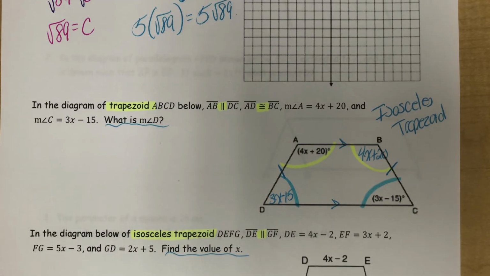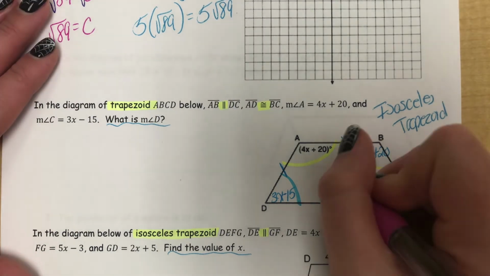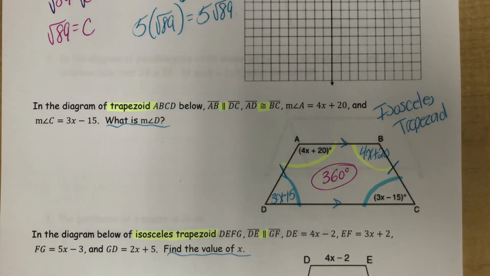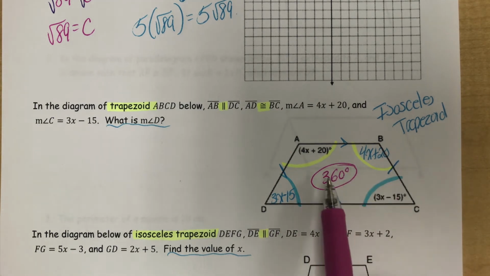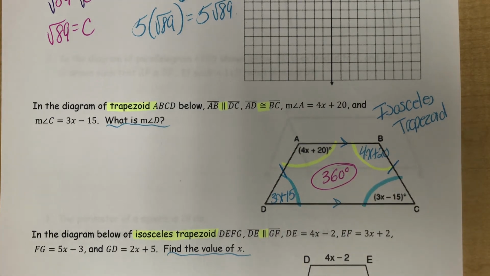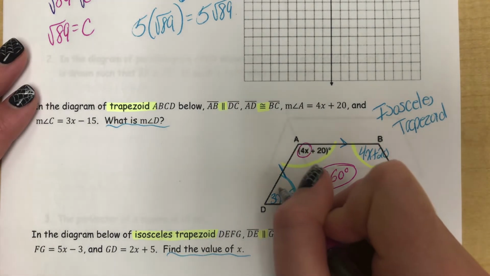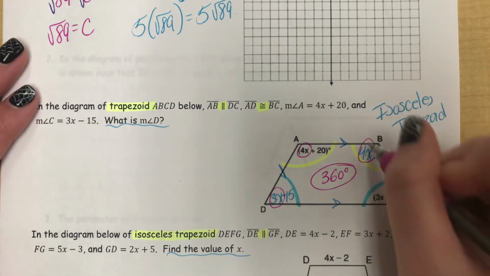Here we go. How many degrees are inside any four-sided shape? You guys are crushing this. 360 degrees. That's going to be my total number. So I'm going to add up all four angles and let it equal 360 and then solve. On the side, just to save some time here: 4x plus 3x plus 4x plus 3x.